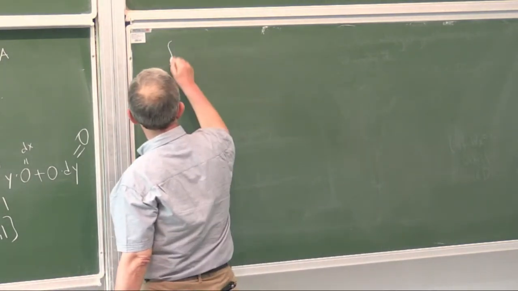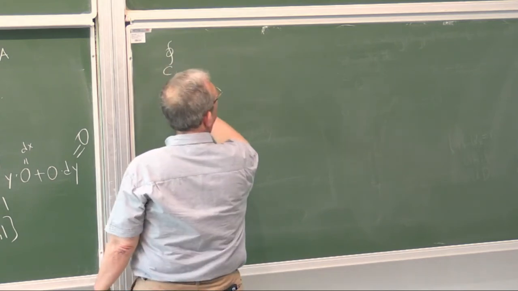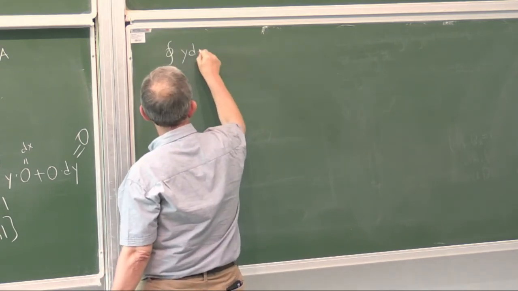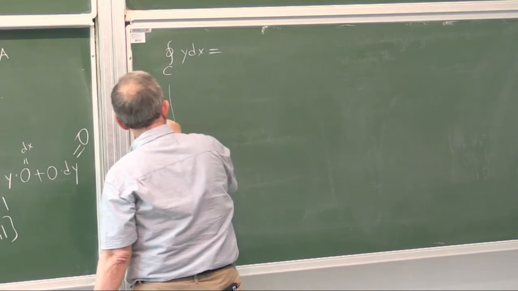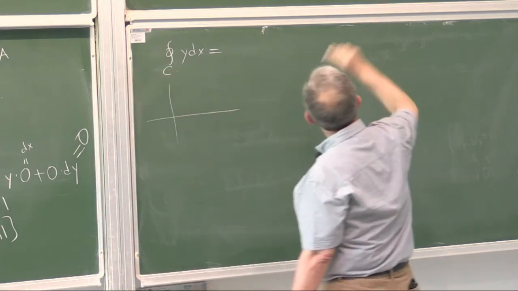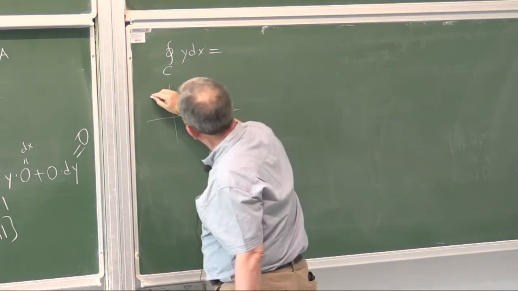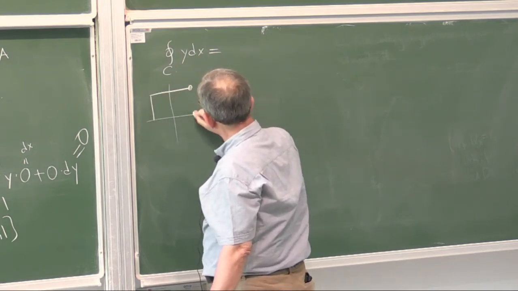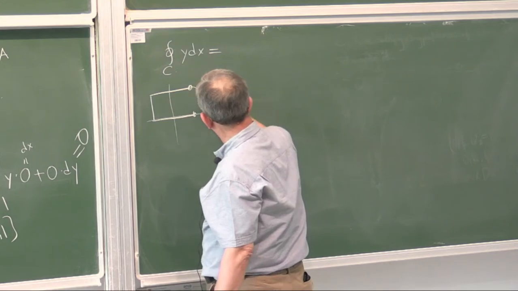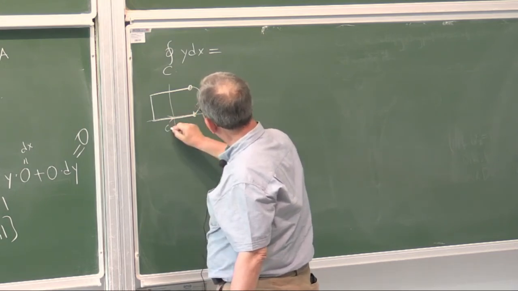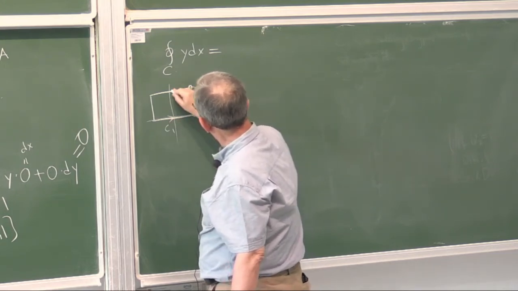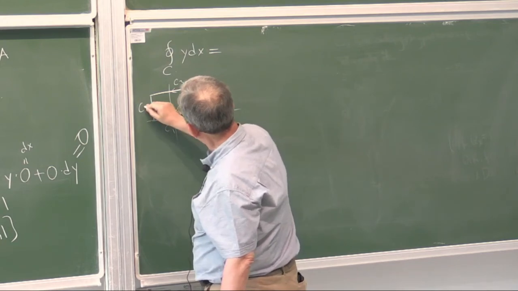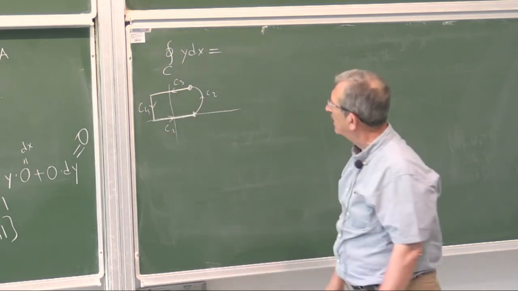So we have to calculate integral c of y dx. Well, let us go back to our curve again. It consists of 4 pieces. Let us start with C1.